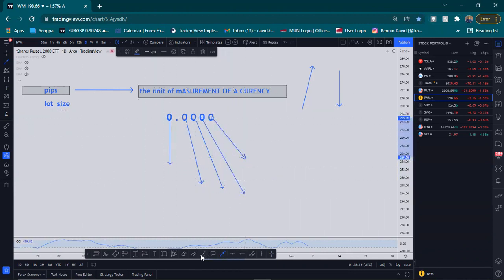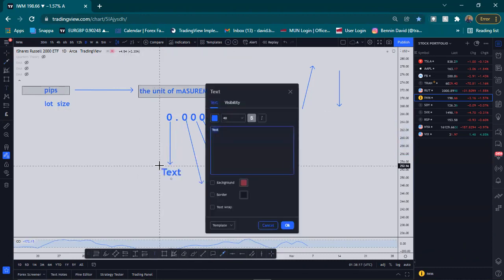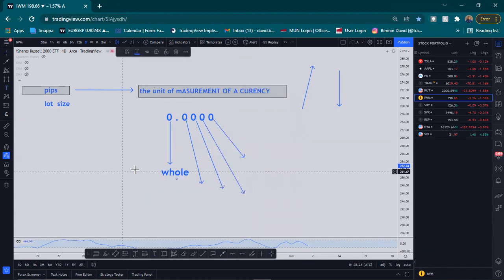This first value is a whole number, right? Any value before a decimal point is a whole number, and everything after it is referred to as a decimal number because it comes after the decimal point.